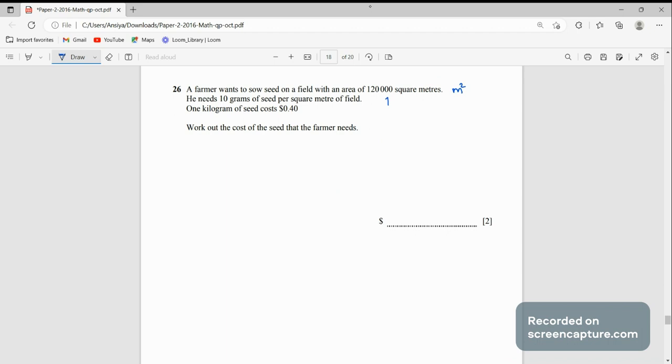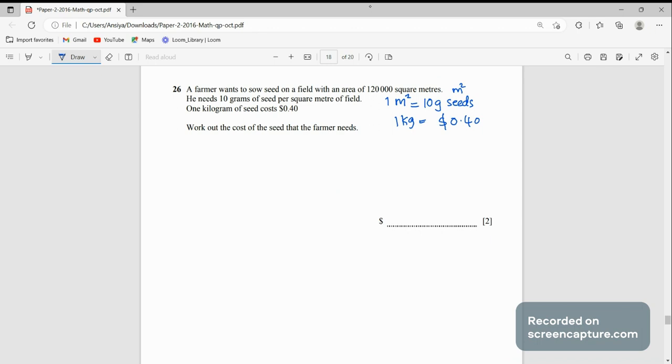So per means 1. 1 square meter, 10 gram seeds. This is a clue. Now what's the next line? 1 kilogram of seed costs $0.40. So above it was meter, now it's kg. For 1 kg, it costs $0.40, means 40 cents.